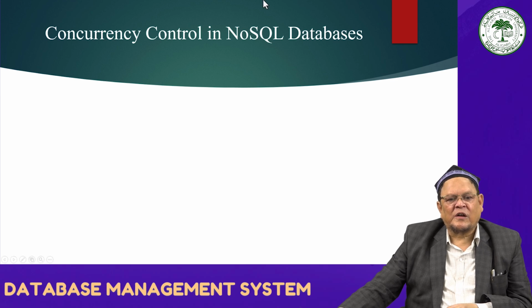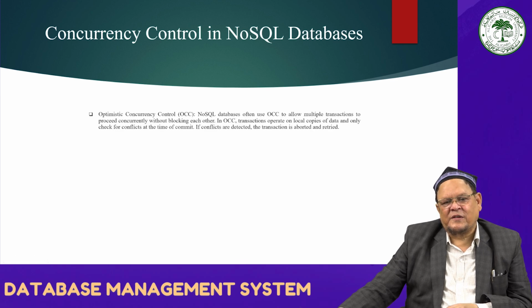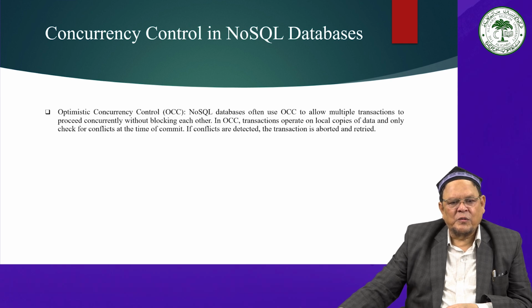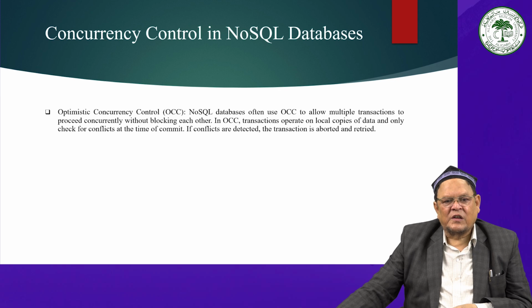So the next topic is concurrency control in NoSQL databases. First, optimistic concurrency control. NoSQL databases often use OCC to allow multiple transactions to proceed concurrently without blocking each other.